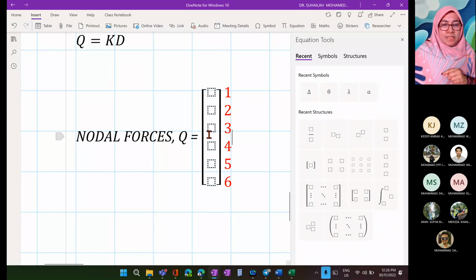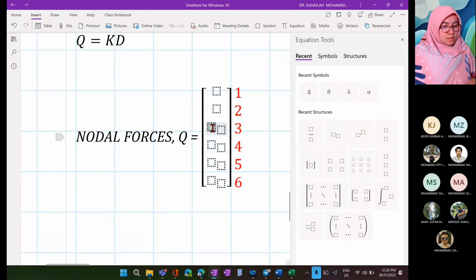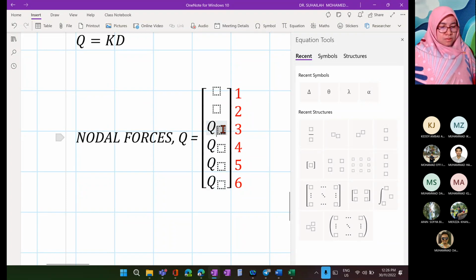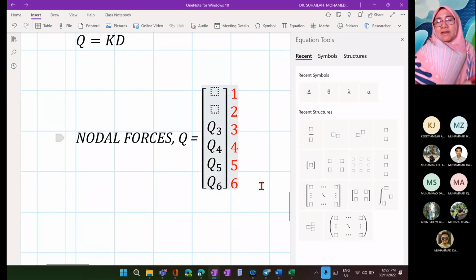So it is Q3, Q4, Q5, and Q6. For the reaction at the support we use capital Q 3, 4, 5, 6, because this is the unknown.